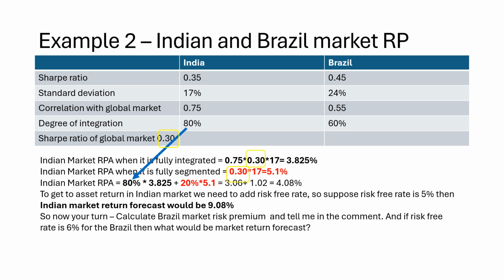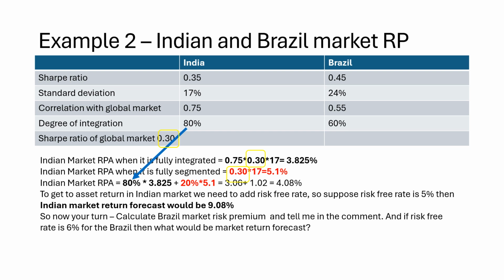How do we calculate it when it's neither fully integrated nor fully segmented? In this case, first of all, we need to calculate both these terms. We calculate the RPA for the fully integrated one. So we have the correlation with the global market, which is 0.75, and then the Sharpe ratio of the global market.